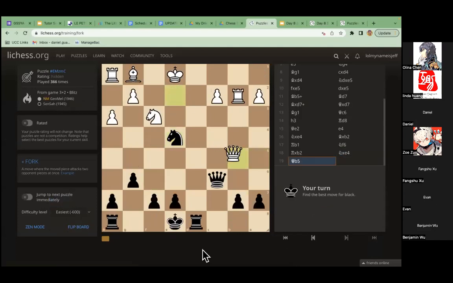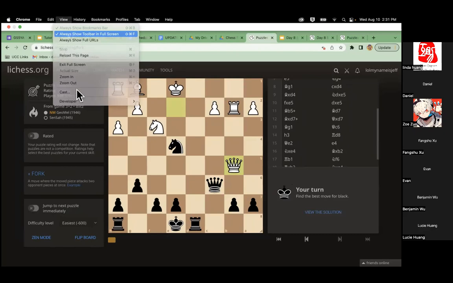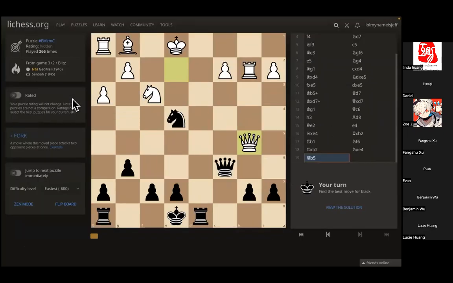Okay, so this is black to move. Knight to c3.